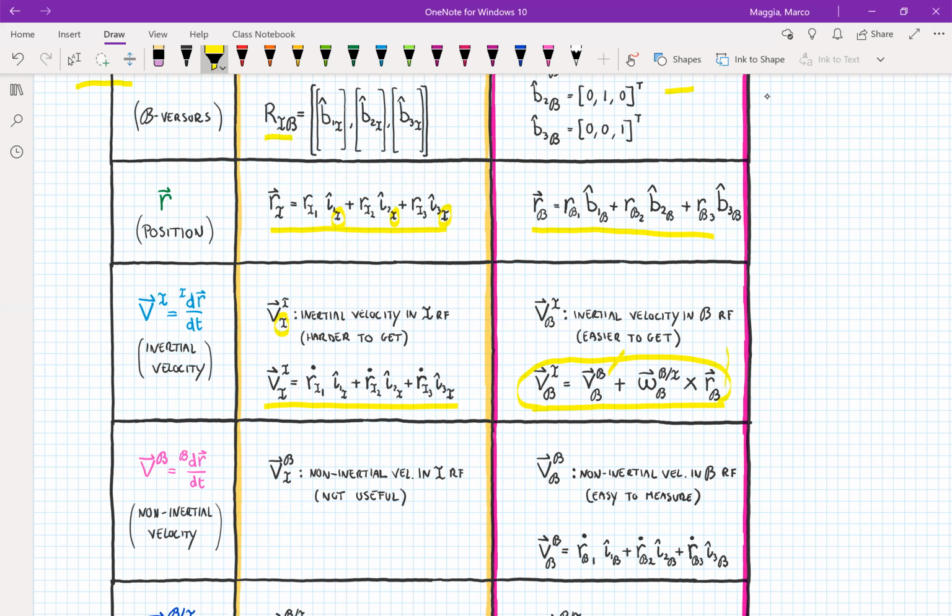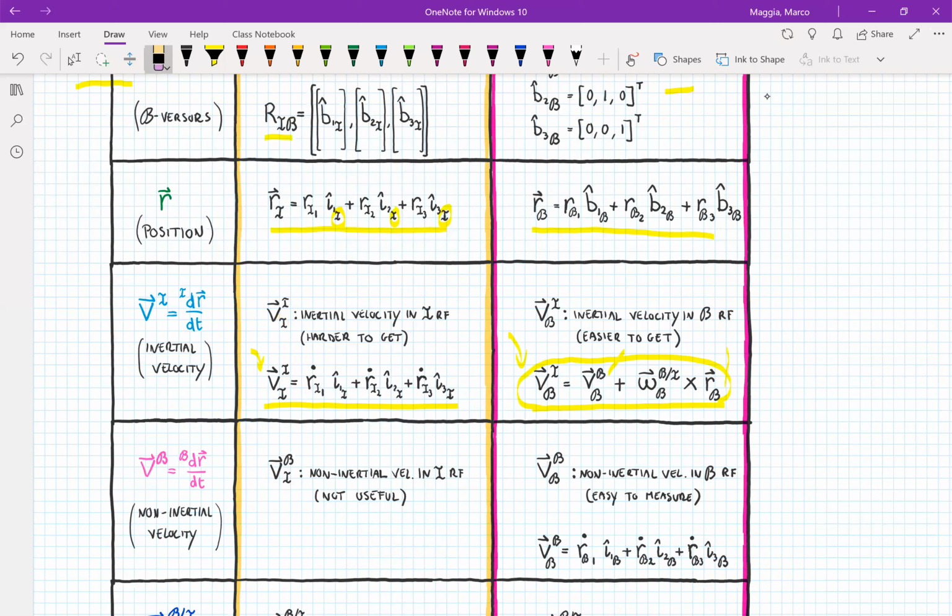And the angular velocity can be derived fairly easily, whereas we don't really have a way most of the times to get to the inertial velocity in the inertial coordinates. That's why we prefer this route.